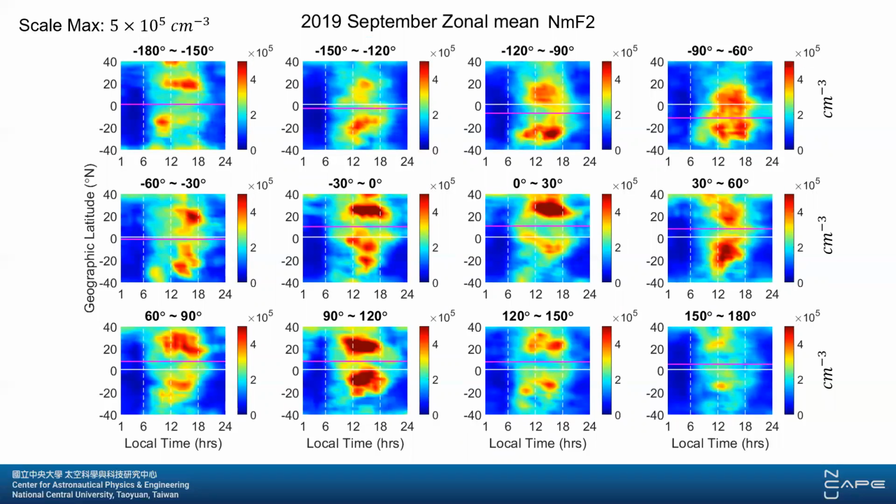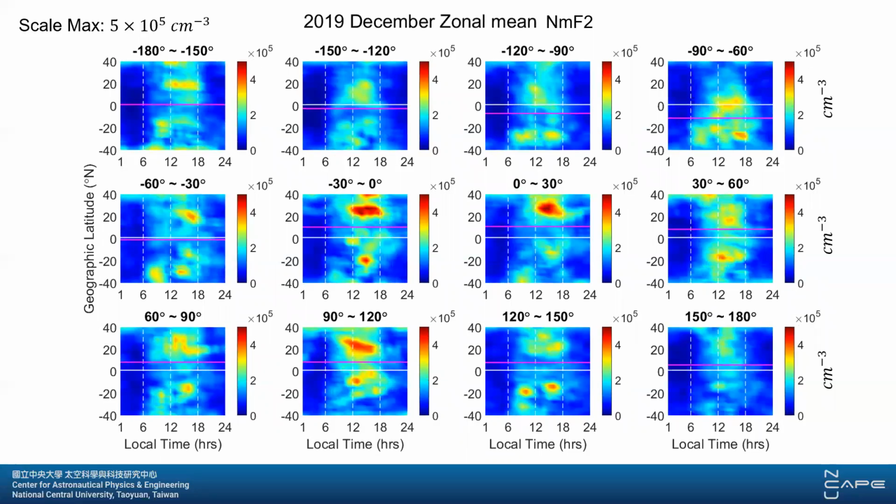For September, the magnitudes of the northern and southern EIA are not quite equal. Sometimes the northern EIA is stronger than the southern one, and sometimes the southern one is stronger than the northern one. And for December, it is having a similar result as well.